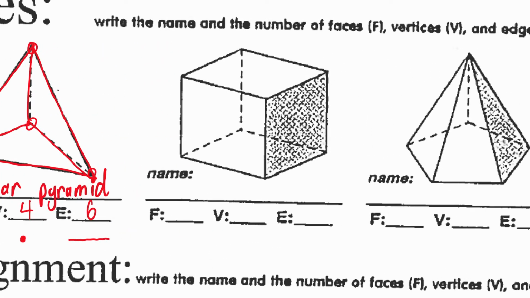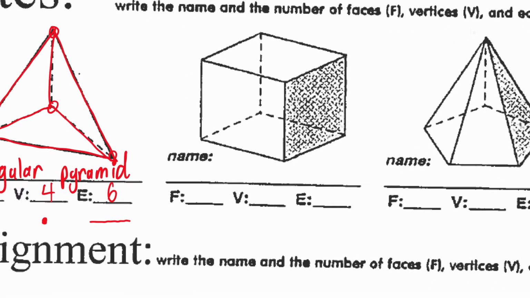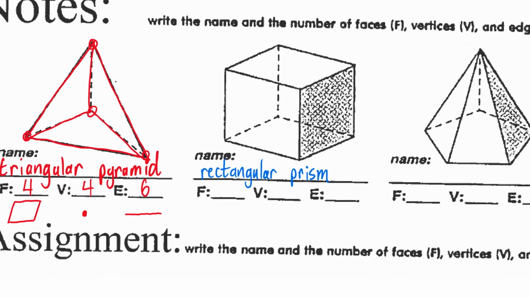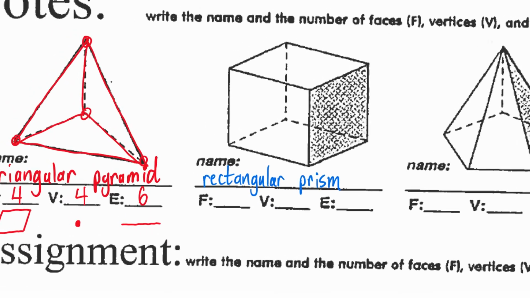All right, what's this one? Okay, so we're going to just say, since we don't really know, a rectangular prism. Rectangular prism. All right, how many faces does it have? 6.